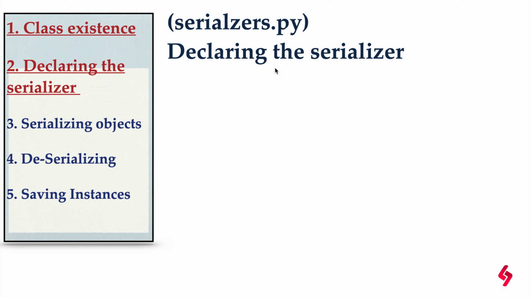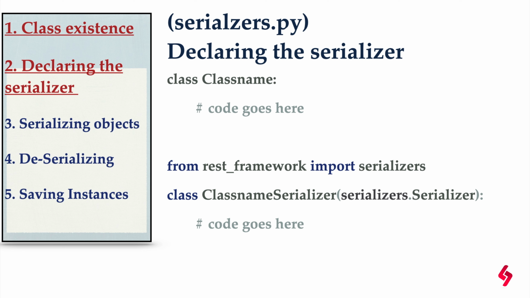The first one is the class existence and declaring the serializer. So we have to create a class, and the class must be inherited from the serializer. If you look, REST framework is a parent module, and under that we have a submodule called serializers. From the serializers submodule, we are calling a class.